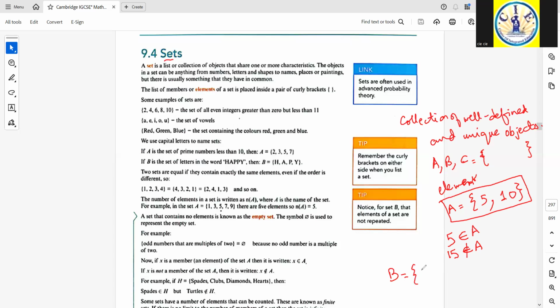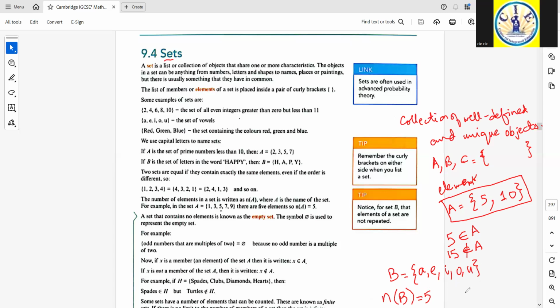Similarly, if a set B, for example, has got any other element, let it be, for example, containing the vowels like A, E, I, O, and U. So it has got 5 elements. We write that as n of B, the number of elements of the set B is 5.